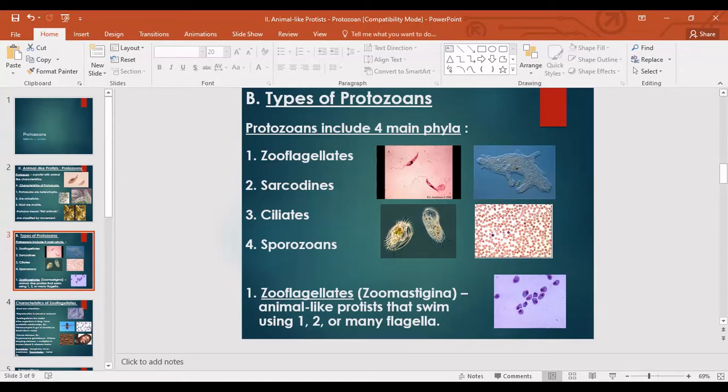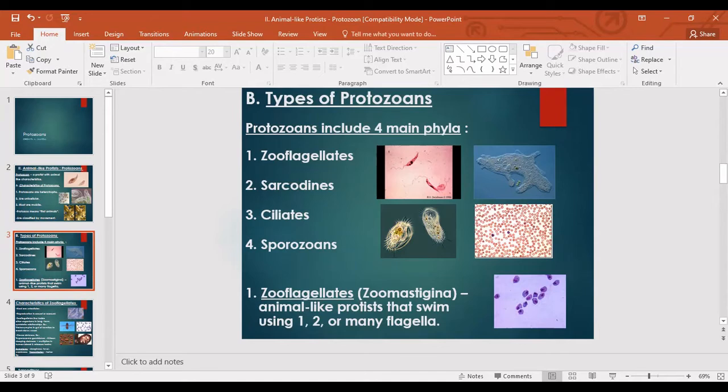Paramecium. Okay, na-mention din yan sa activity, so you must be familiar. Ang amoeba, proteo, ang amoeba have different kinds of species also. Pero hindi ko na yan siya i-mention at this stage kasi ma-mention yan siya further when you reach microbiology and ma-repeat na naman yan siya when you reach parasitology.